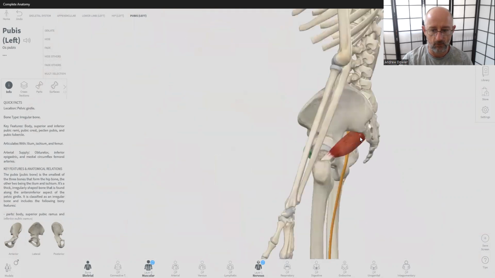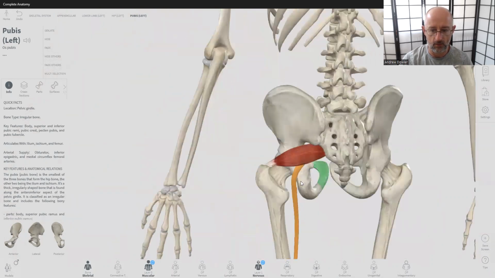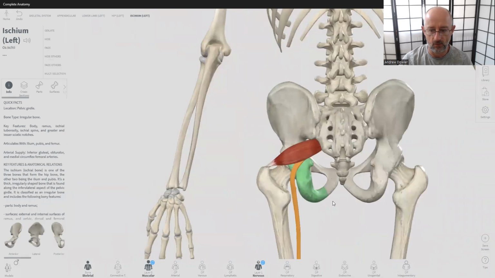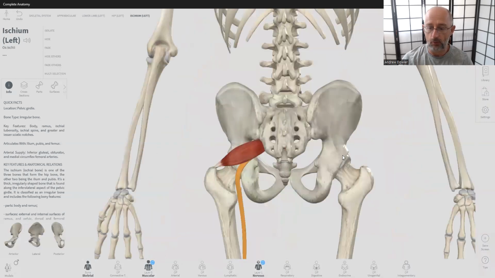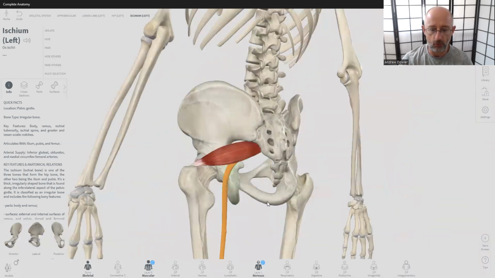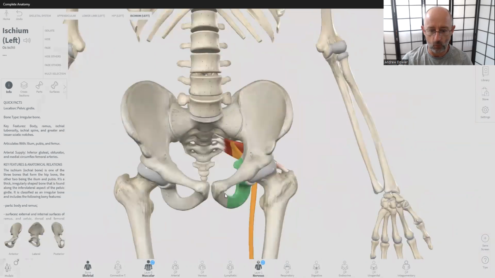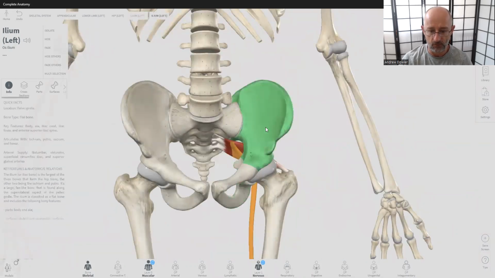And then from behind, the ischium, which is this part of the pelvis. So there are three individual bones which, as you grow, fuse together to make one big bone. So it's essentially considered to be one big bone.